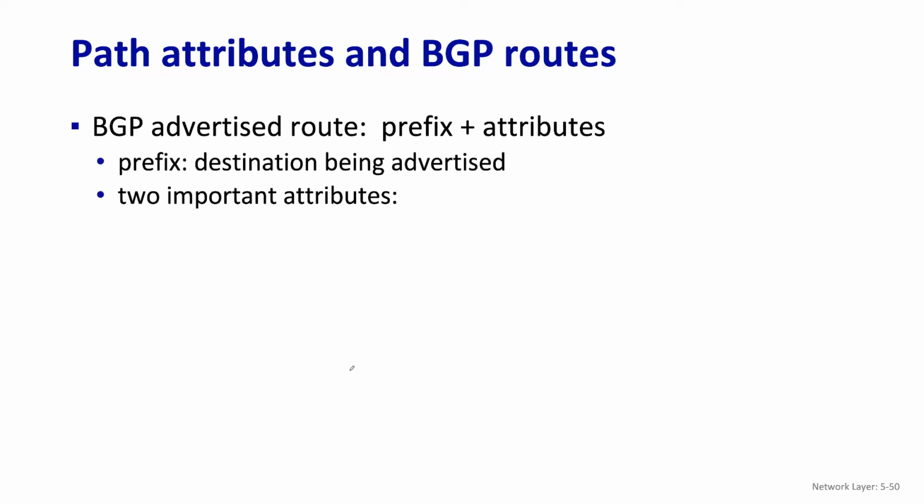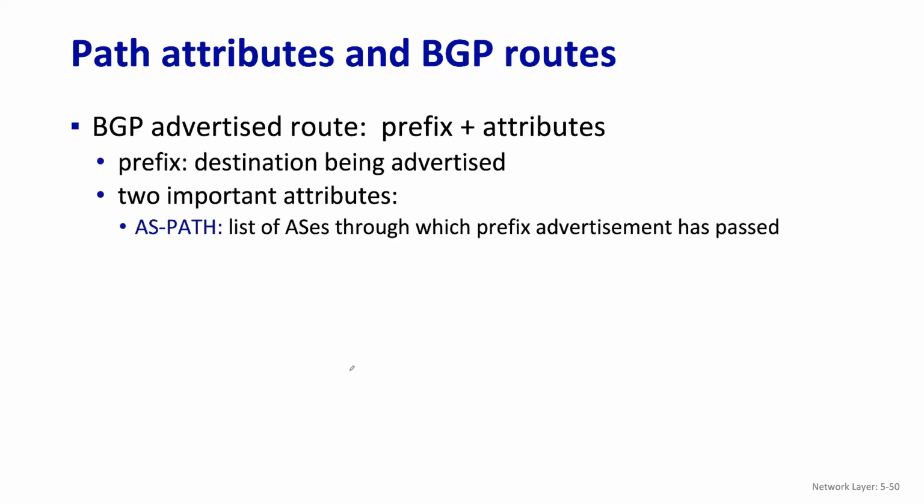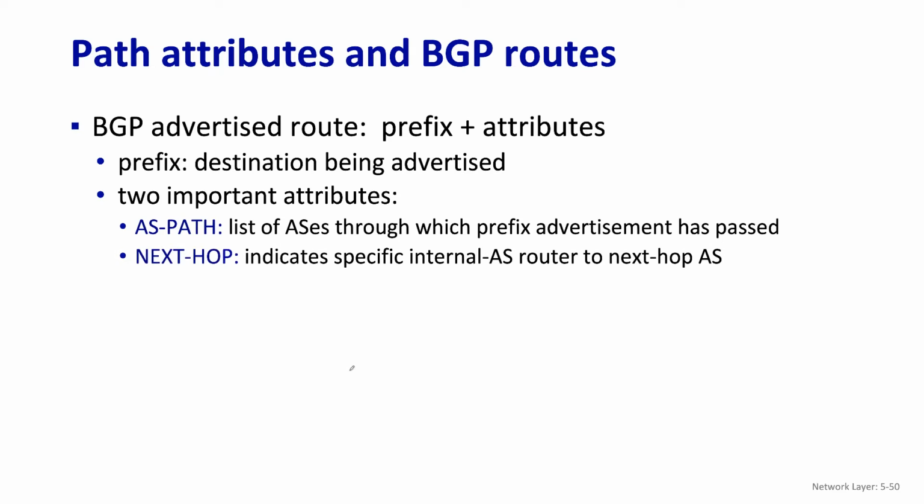So what are the prefix and the attributes here? There are two important attributes. One is AS path, which lists the autonomous systems that you can reach. Let's call this one AS1, AS2, and this is AS3.